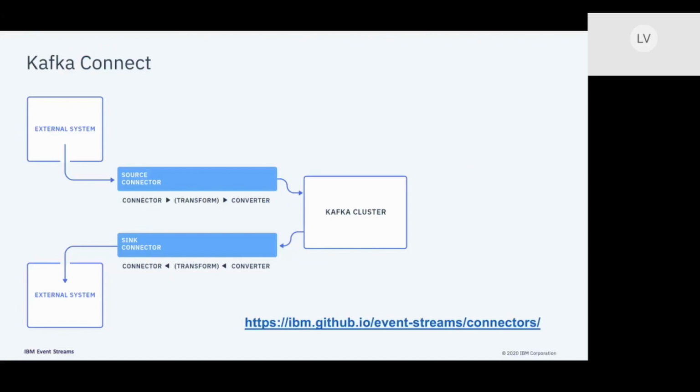And by the way, you can see the source connector and the sink connector, but you don't have to use them in parallel. You can have just a source connector publishing on specific topics. This topic will be consumed by any consumer. And as well, you can have some producer pushing some information on the topic, which will be at the end consumed by an external application by leveraging a specific connector.